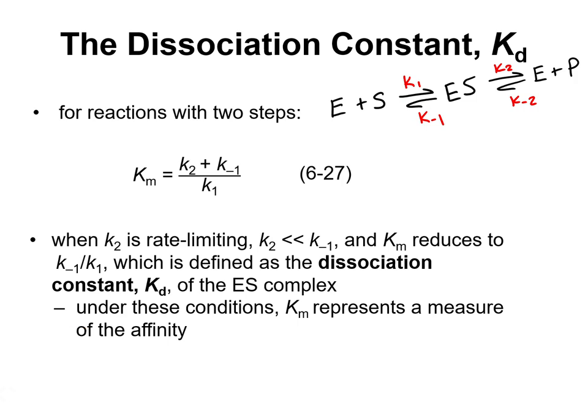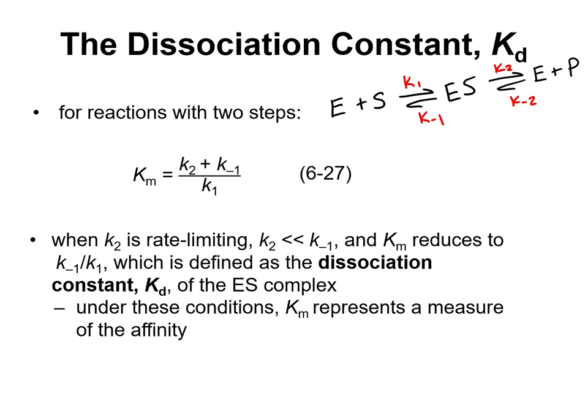Why does this matter? Well, the Km is relating the breakdown of the ES complex. So the ES complex has 2 choices. It can either break down and make the enzyme plus the substrate, so it just falls apart, or it pushes forward and does some chemistry and releases a product. The Km houses all of the rate constants that have to do with that decision of what the fate of the ES complex is.